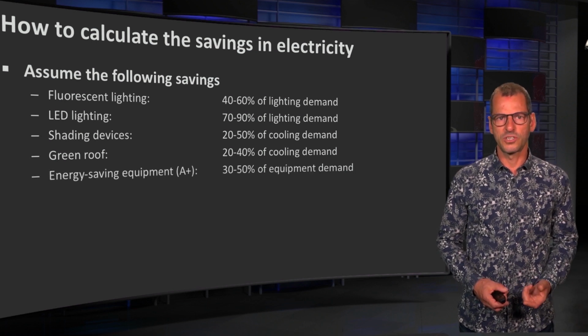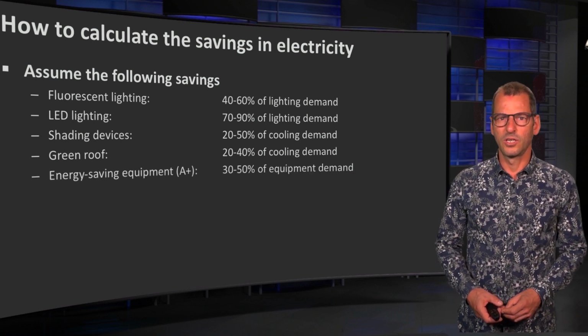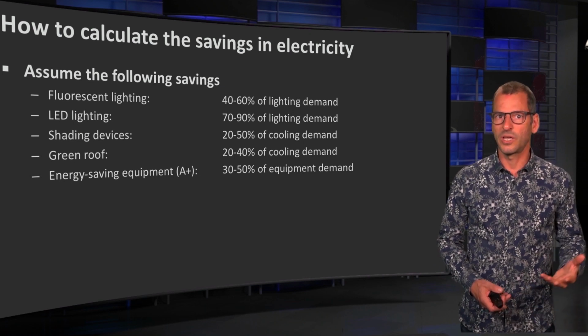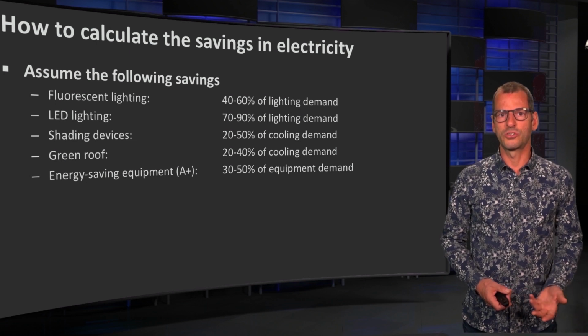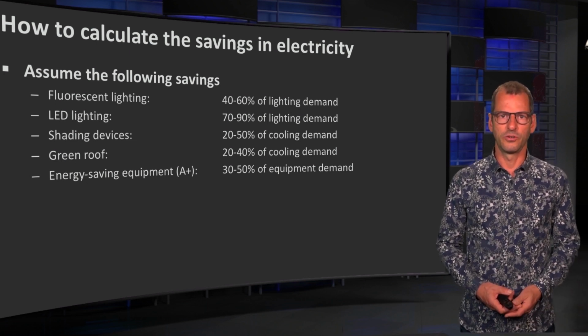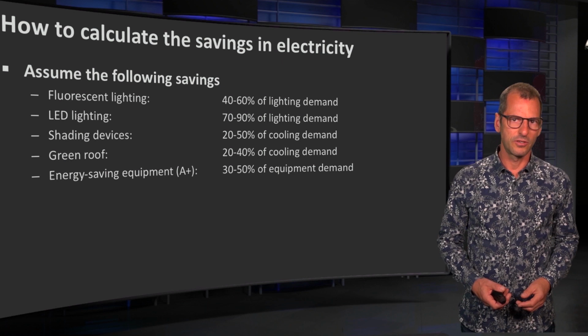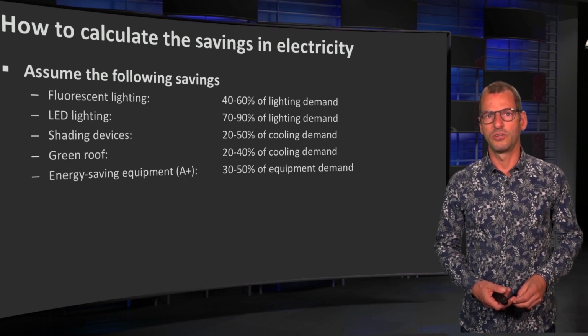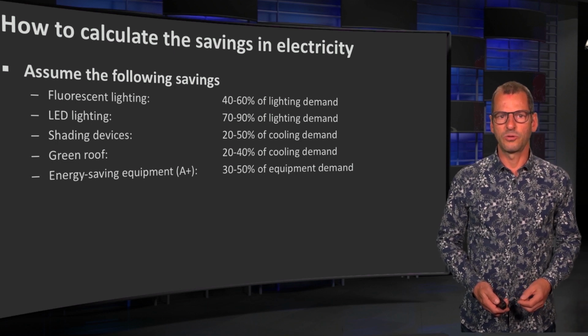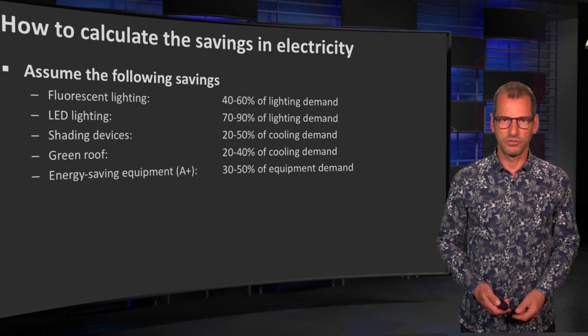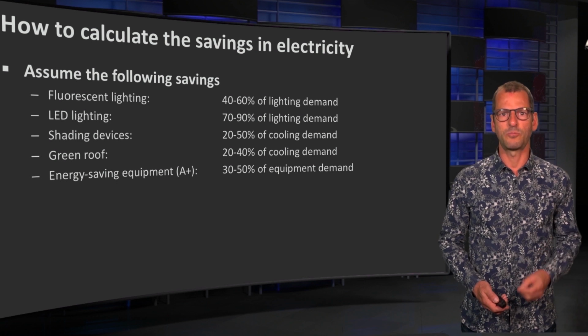And finally, of course, there's energy saving equipment. Not just A or A+, can also be A++ or A+++. And this equipment, of course, can save a lot compared to your other devices. And I'm thinking about fridges, freezers, TVs, etc., etc. So if you use those, you can save up to 50% of your electricity use for that part.